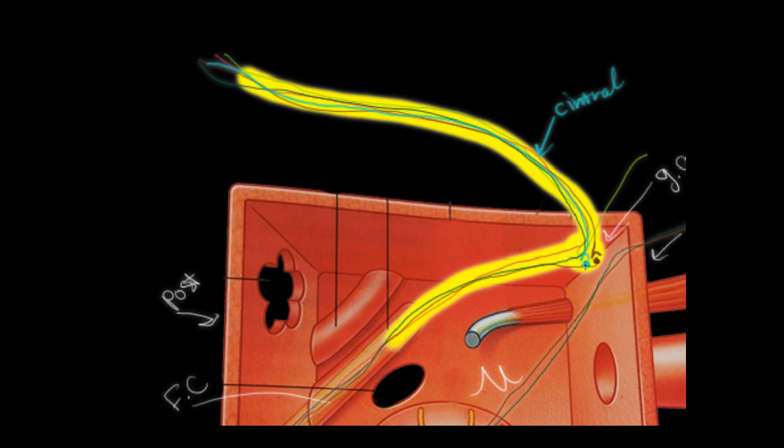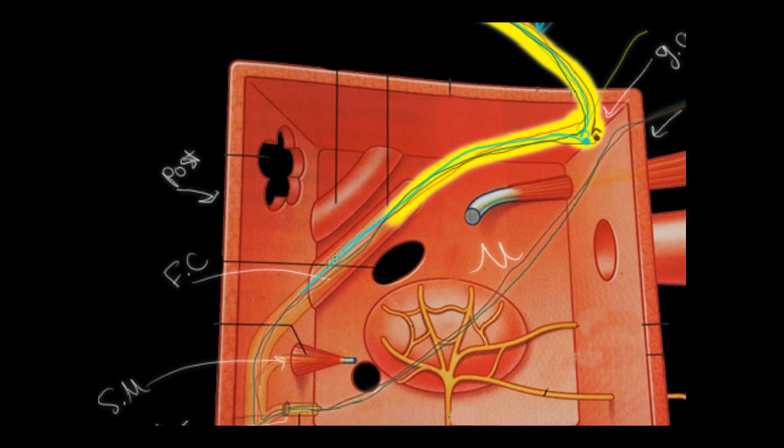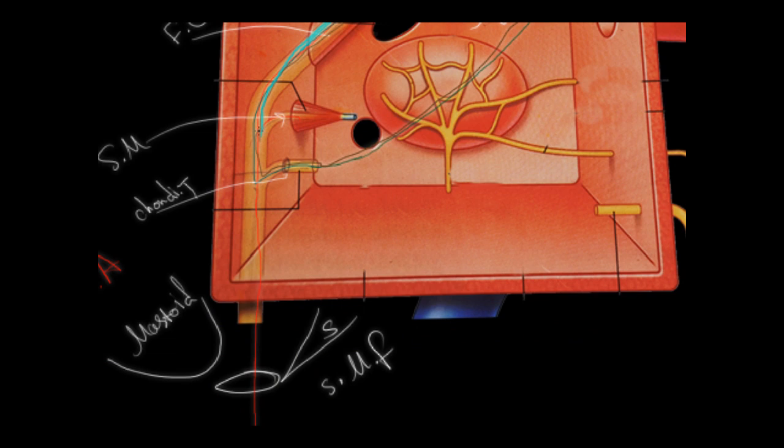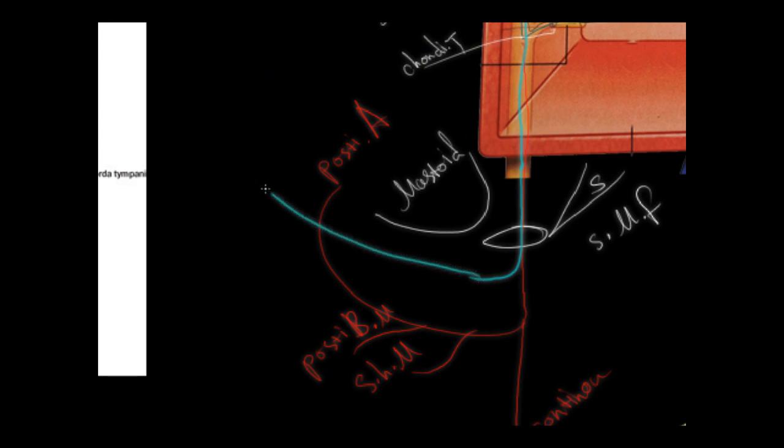The peripheral part, we continue down from facial canal, from the medial wall to the posterior wall. Exit into the stylomastoid foramen. Okay, from stylomastoid it exits to innervate the ear.